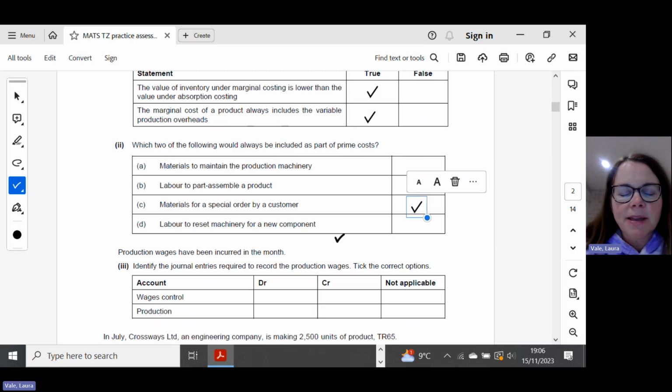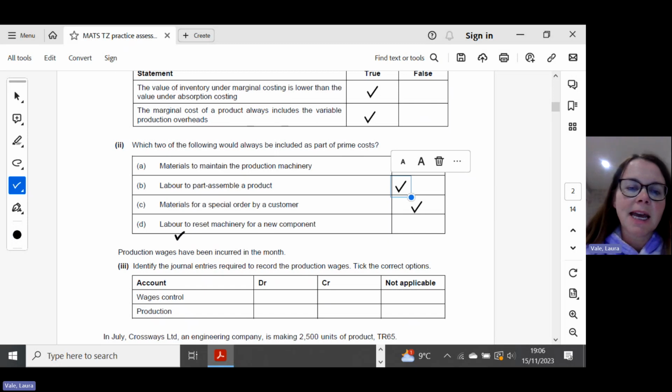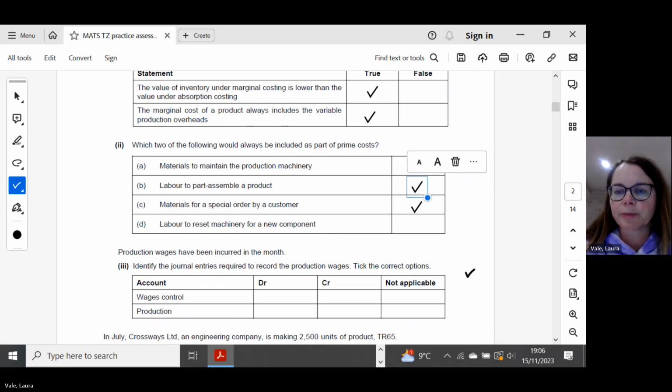And then we want labour that's actually to do with the production. So labour to part assemble a product would be part of it, whereas labour to reset machinery for a new component, that would be indirect labour, would not be part of the prime cost.